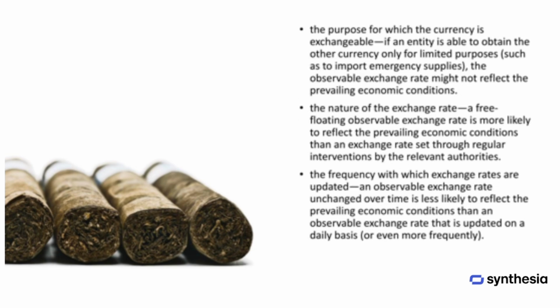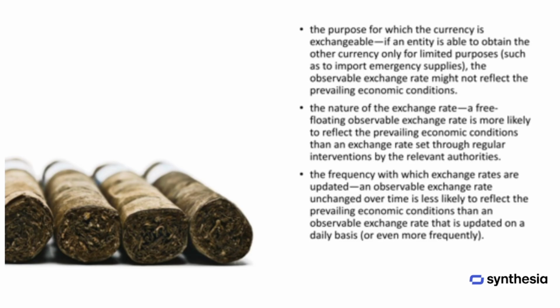Factors to consider when using an observable exchange rate. When assessing if an observable exchange rate meets the objective in paragraph 19A, an entity should consider several key factors. First, the purpose for which the currency is exchangeable matters. For example, if the entity can only obtain the other currency for very limited purposes, like importing emergency supplies, the observable exchange rate might not truly reflect the overall economic conditions. It could be skewed by restrictions on usage. Second, the nature of the exchange rate is important.